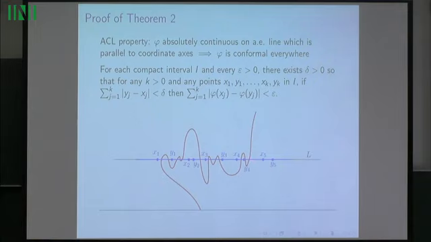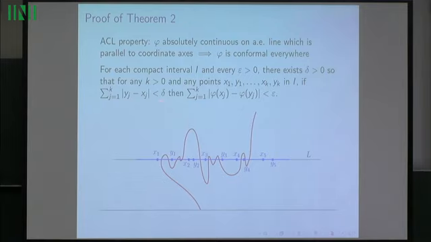We take some horizontal line L, and saying that it is absolutely continuous is saying that if we take any interval I, the blue interval, then for every epsilon there exists a delta such that if I take any k and any 2k points such that the total length of these intervals xj, yj is smaller than delta, then the variation of phi on these intervals is smaller than epsilon.